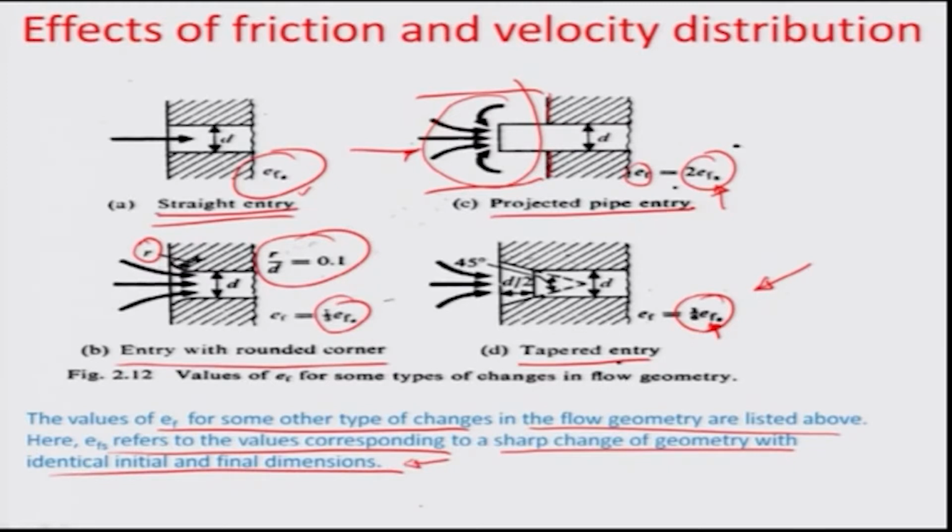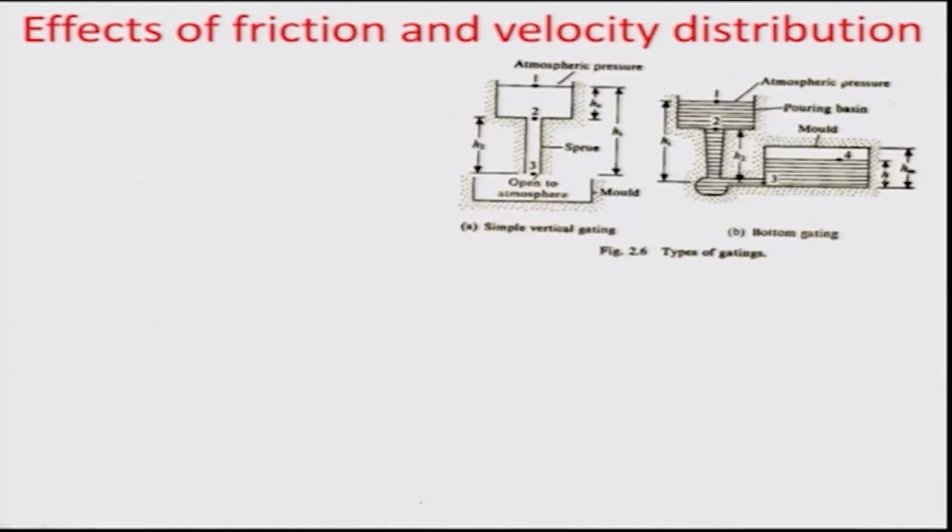So, now let us go back to the simple vertical gating system and try to modify the energy balance here. So, let us modify the energy balance equation between points 1 and 3 after accounting for all the losses.